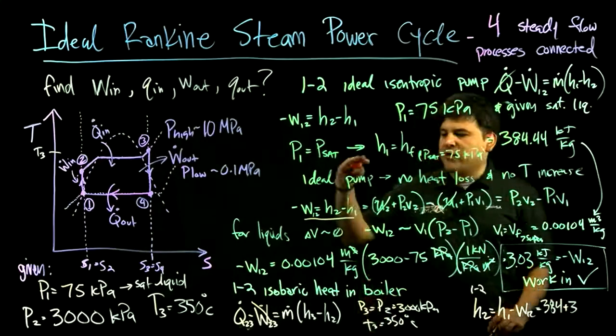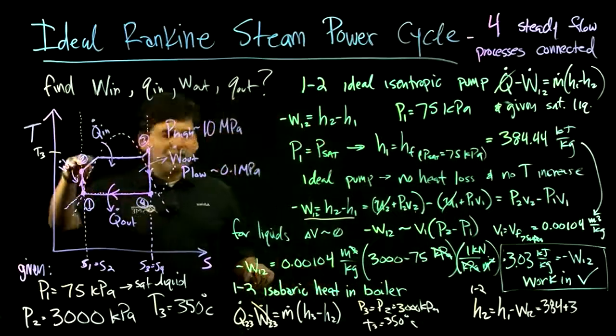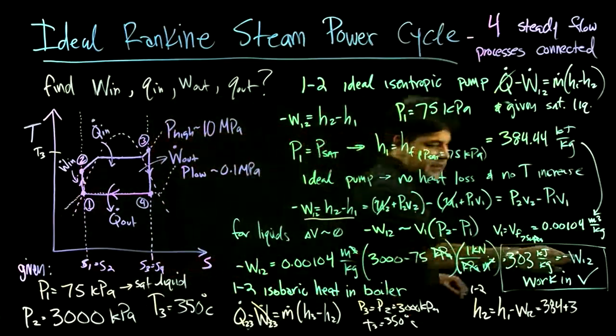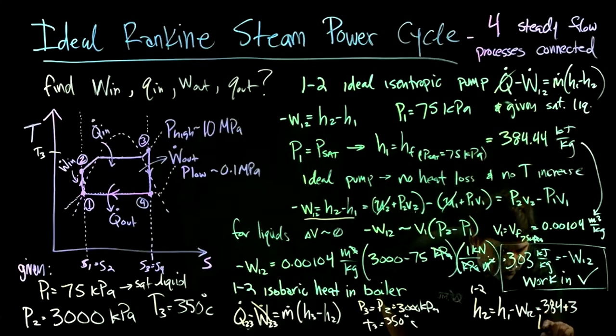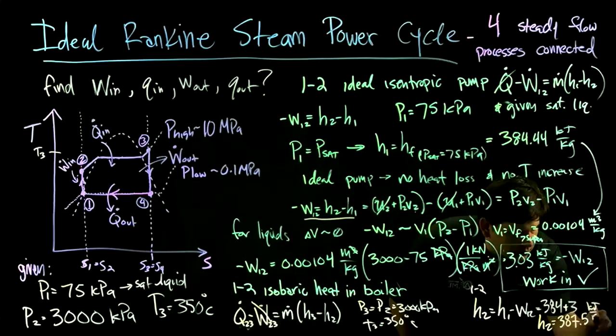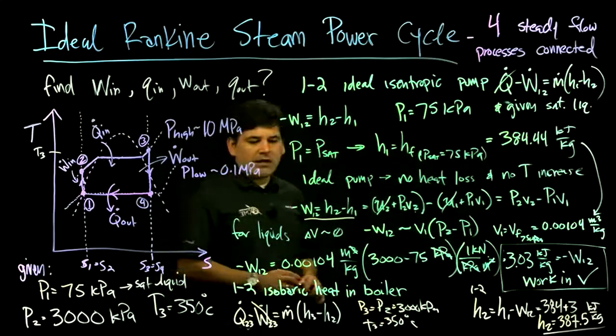So there's higher enthalpy because it's higher pressure going from state 1 to state 2. So negative W is 3, so that's why it's plus here. So H2, we're going to need that.